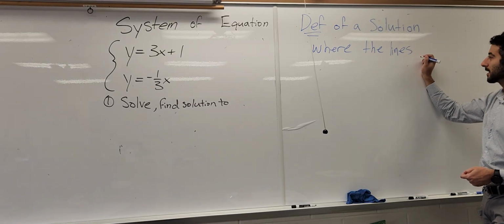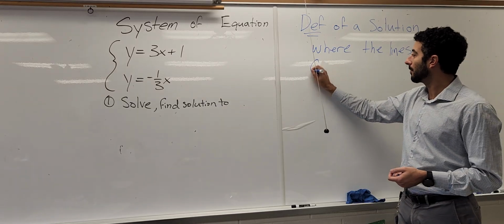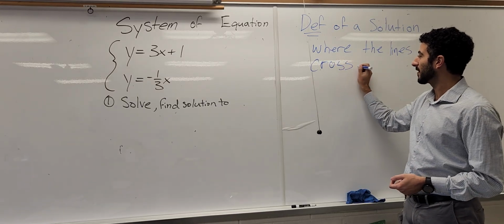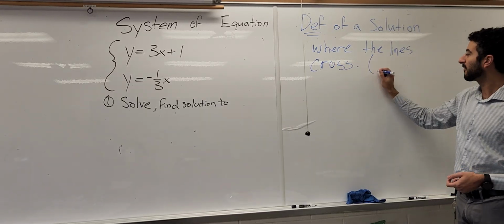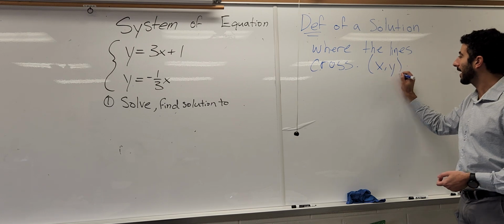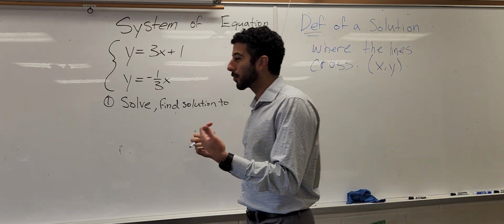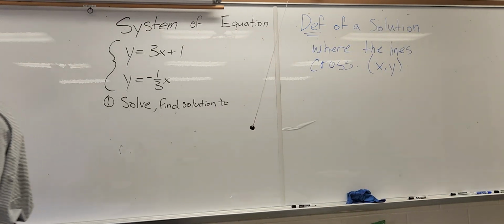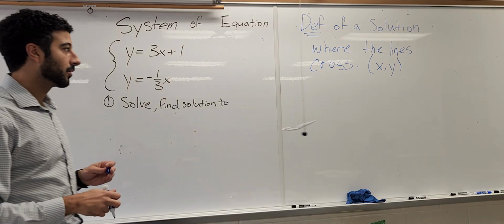I actually defined it differently the last time I taught it, but I'm using a very simplistic version of the definition, in the format x comma y. So it's an ordered pair, a location where the 2 equations in the system intersect.